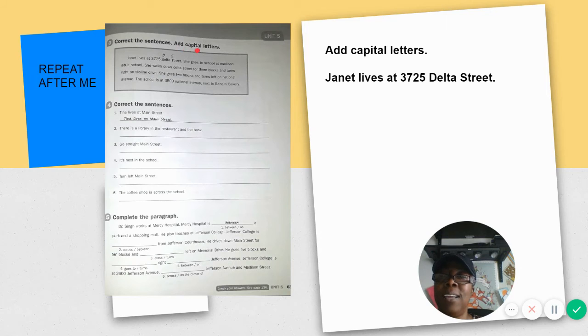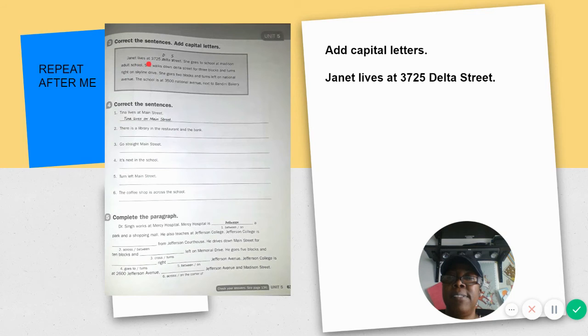We have to add capital letters. So let's first read the whole thing, and then we'll just practice our reading here. And then in the next lesson, we will pick up with actually changing or adding the capital letters, okay?